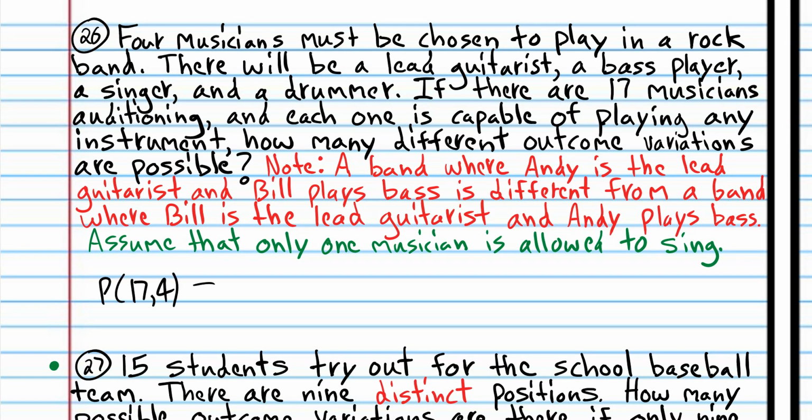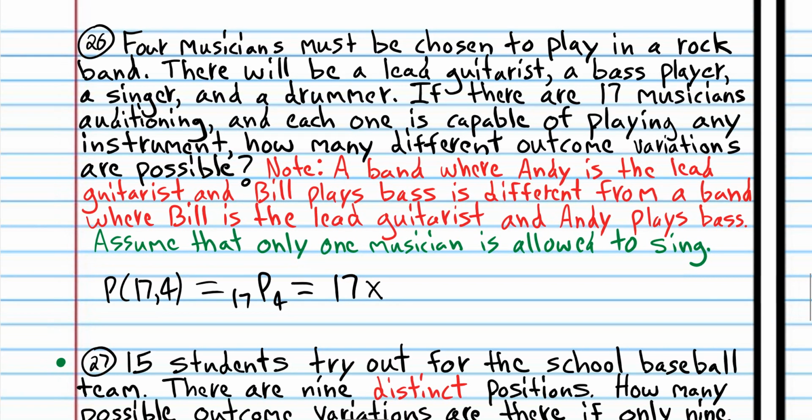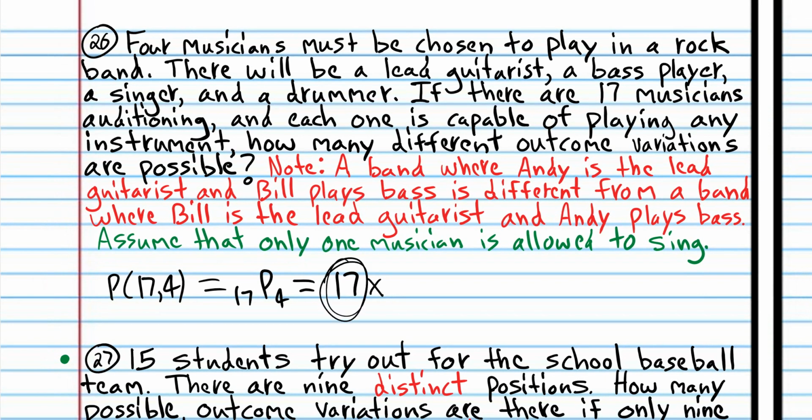Well, we have 17 different choices. Now that we chose that musician, and let's say we're choosing the lead guitarist, then how many options do we have for the bass player? Well, we already chose one musician, so we only have 16 left.